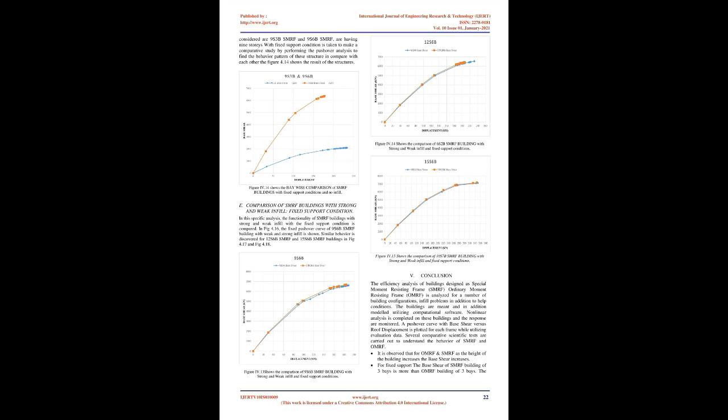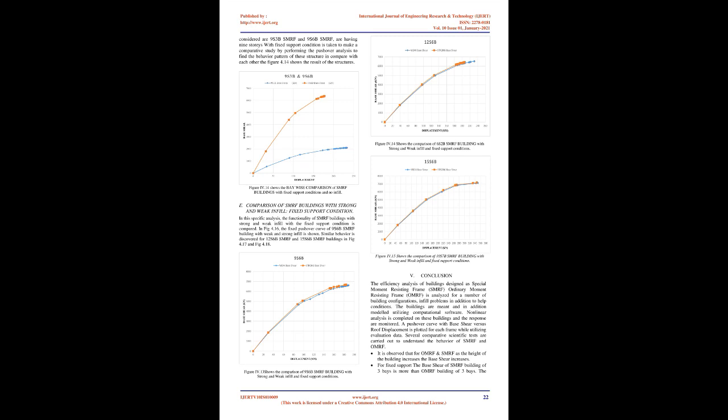For hinged support, the increase in base shear for SMRF structure is nearly the same for all heights of buildings having the same number of bays. For hinged support, the base shear of SMRF building of 3 bays is more than OMRF building of 3 bays. The percentage in base shear for SMRF is from 68% to 65%.